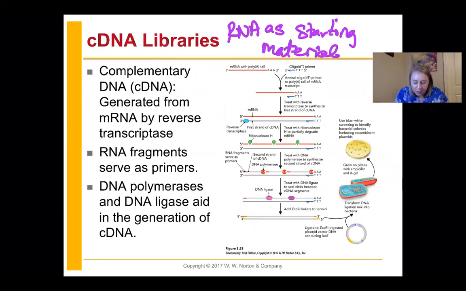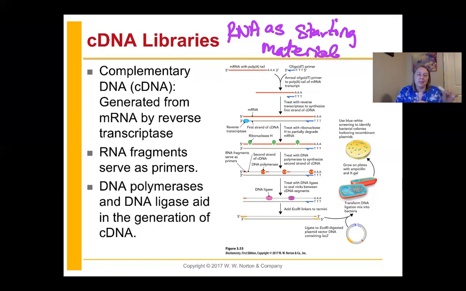Okay, and so what we do is we take mRNA pieces and we generate the complement of them in the DNA form. And so we use an enzyme called reverse transcriptase. And we actually found that in viruses that contain RNA as their primary genetic material, which then have to convert it to DNA before they infect a cell. Well, when they infect a cell, actually.